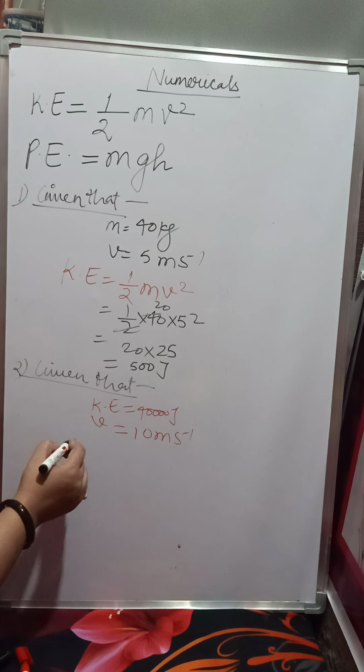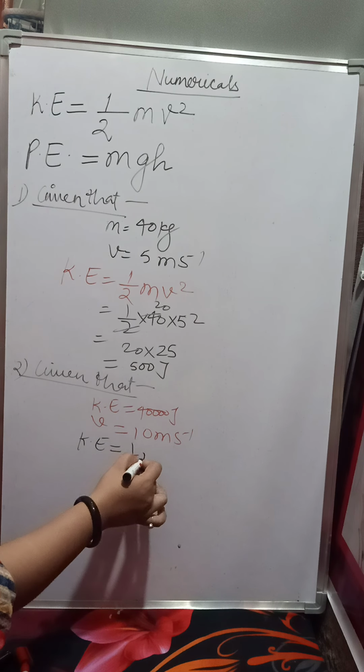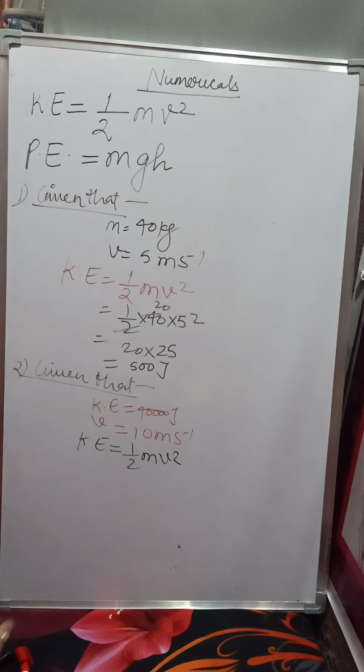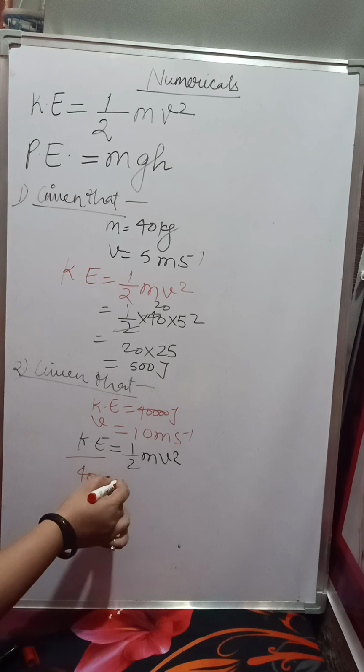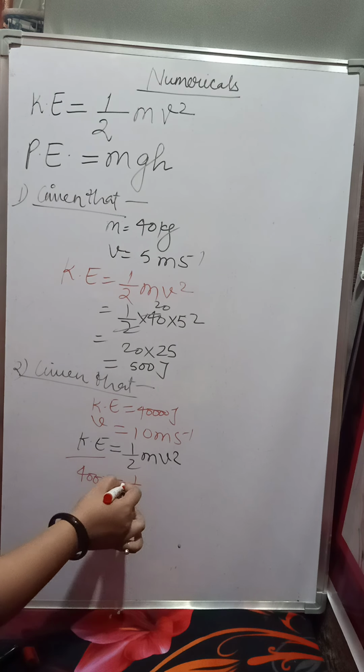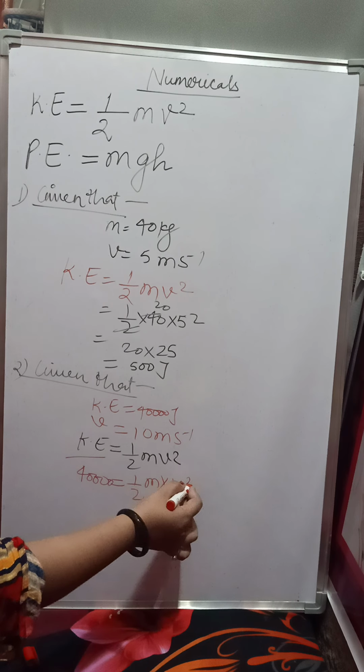Apply the formula. Kinetic energy is equal to half mv square. Put the values: in place of kinetic energy, 40,000, half m, v is 10 square.